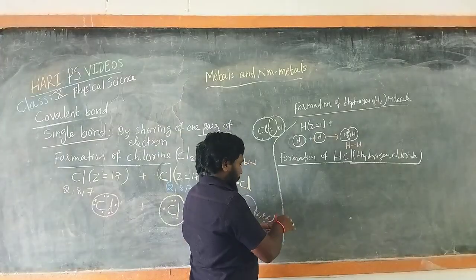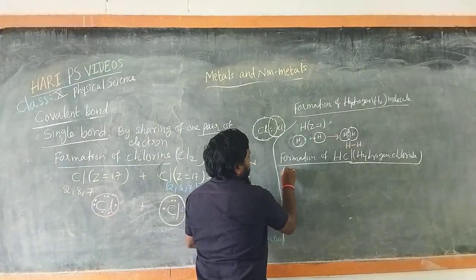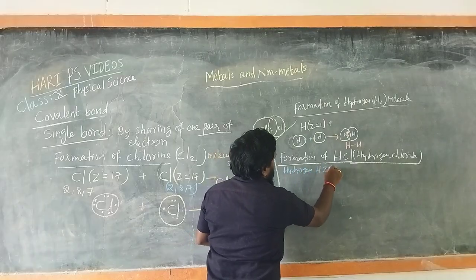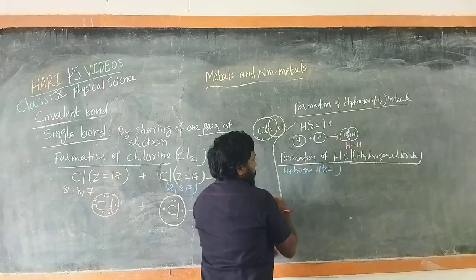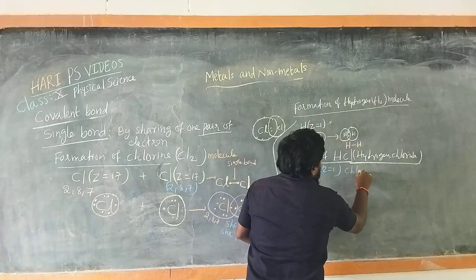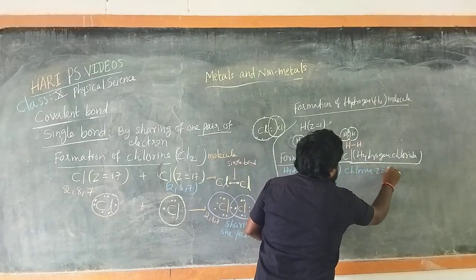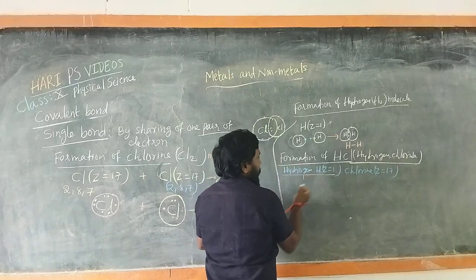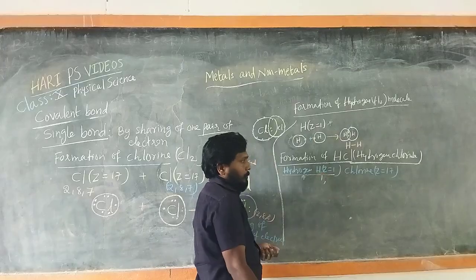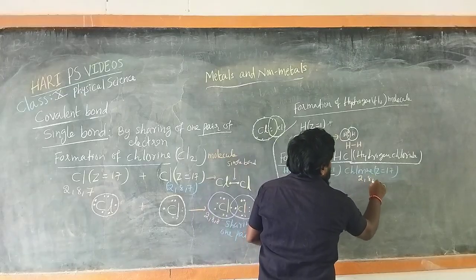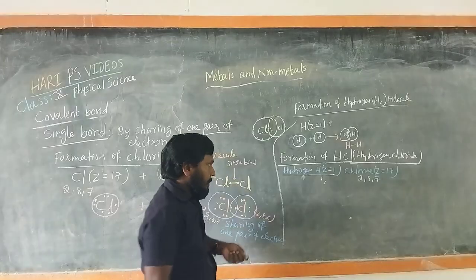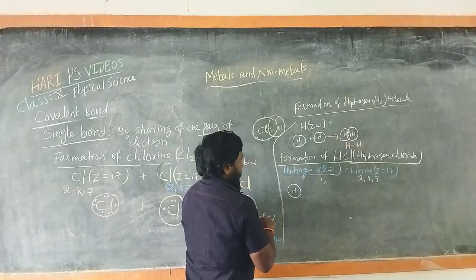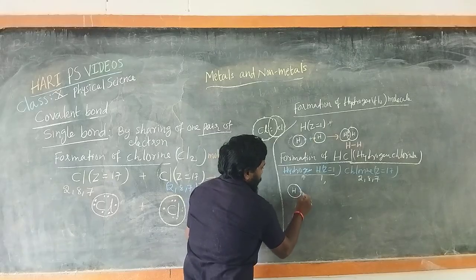Then formation of HCl, hydrogen chloride. Hydrogen atomic number is 1, and we know chlorine atomic number is 17. So if you write the electronic configuration, for hydrogen only one, and for chlorine 2, 8, 7. Let's take hydrogen, as we know, has only one electron.